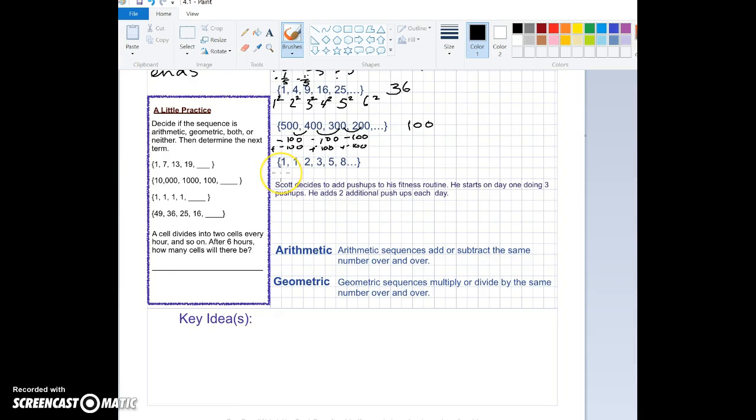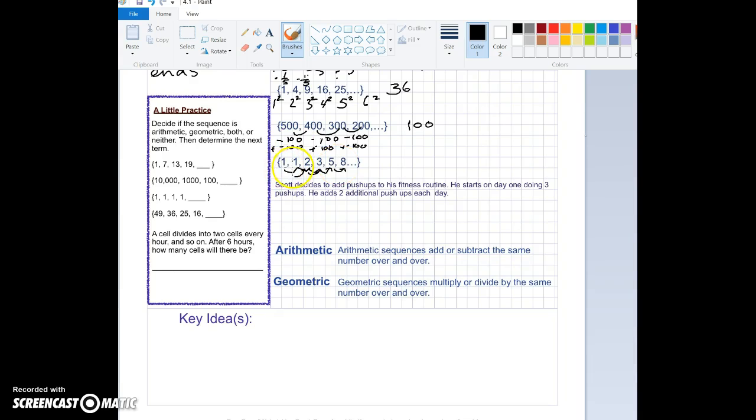Well, what I'm doing is I'm adding the two terms. 1 plus 1 makes 2. 1 plus 2 makes 3. 2 plus 3 makes 5. And 3 plus 5 makes 8. So I'm not adding the same number, I'm definitely adding, but I'm adding the two previous terms.